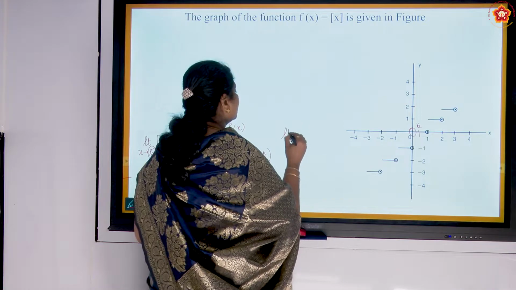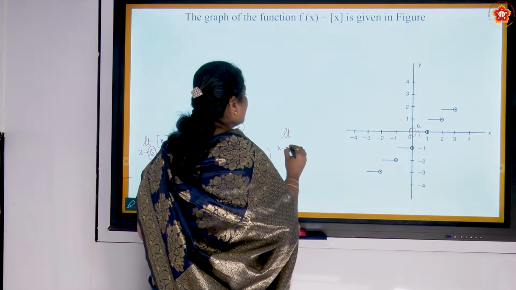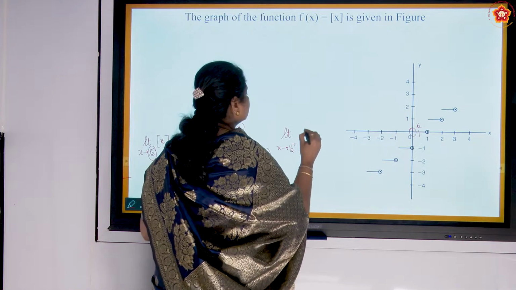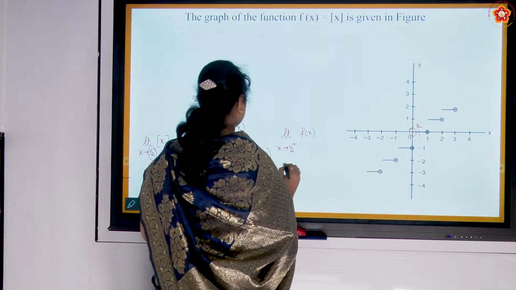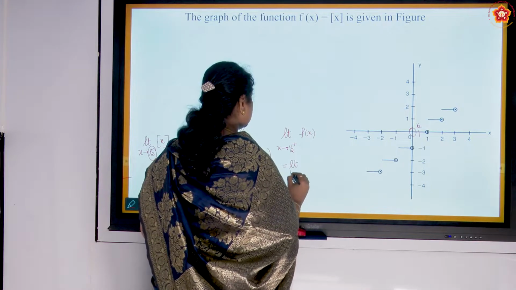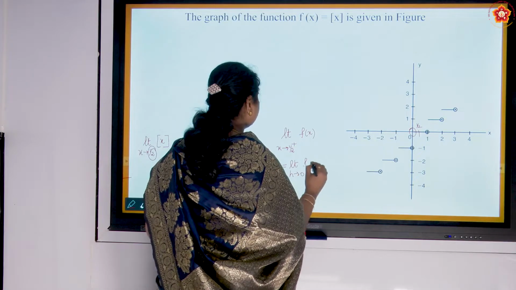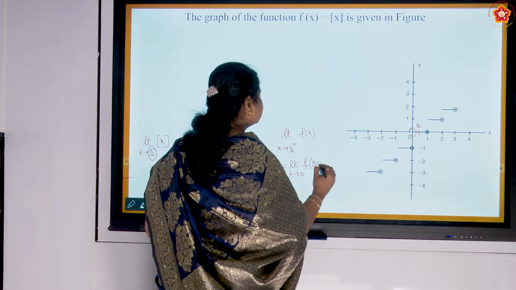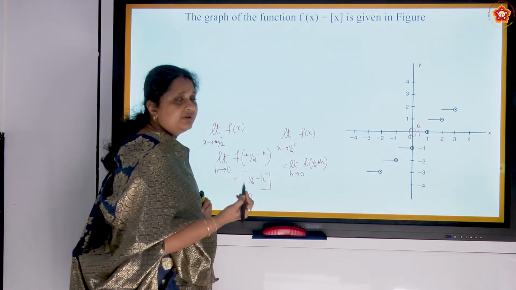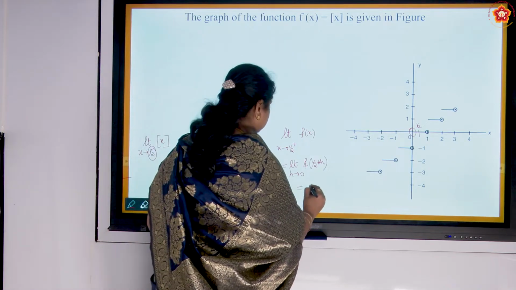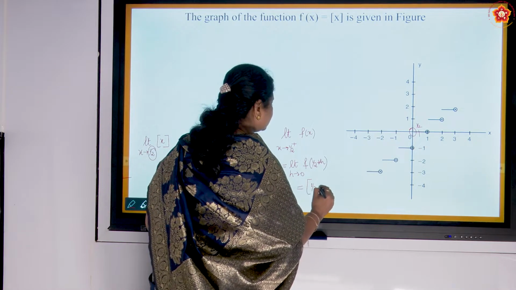Now, when I approach x from the right of half, what is my f of x value? Limit h tending to 0, f of half plus h, where my h is very, very negligible. Again, this is going to be half plus h.